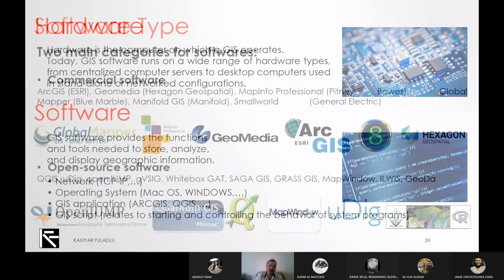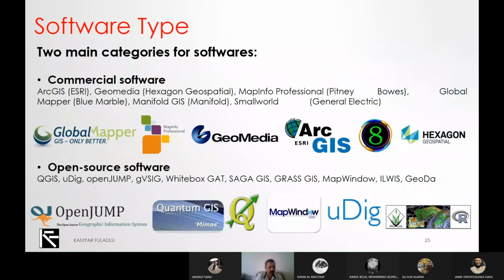As I said, we have 2 main categories of software, not only for GIS but for all programs. One of them is commercial software, which means you need to purchase a license. In GIS, we have ArcGIS, Manifold GIS, Smallworld, Hexagon Geospatial, Global Mapper, MapInfo.